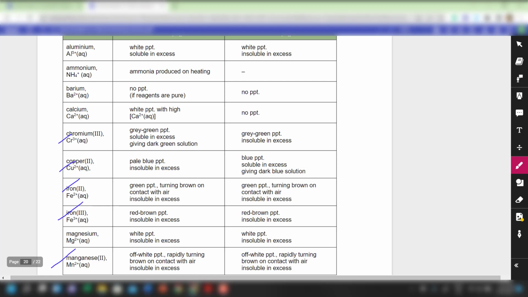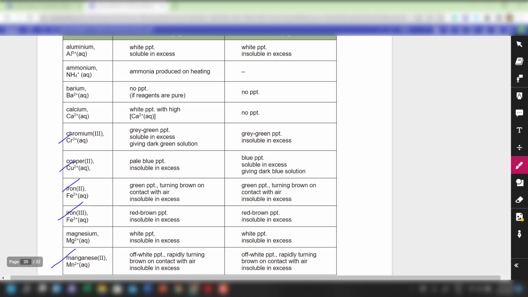You are familiar with this. So you need to know that the complex formed is actually the hexahydroxo complex, the chromate complex, [Cr(OH)6]3-. You need to know its formula.